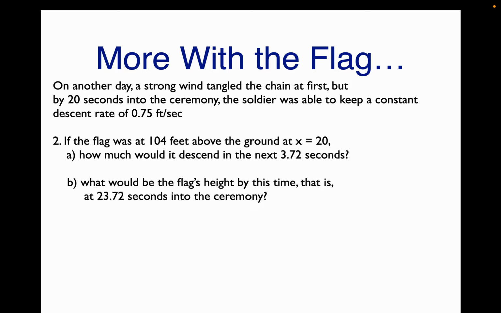At time 20, I know it was 104 meters high. And then according to part A, I know how to find how much lower it was in the next 3.72 seconds. So for part B, I just have to do a little quick computation using part A, right?